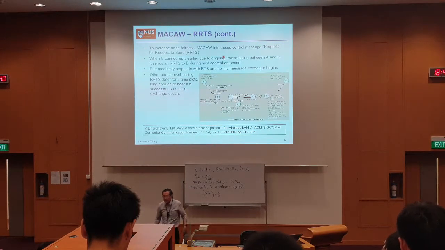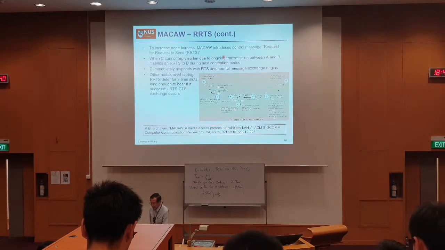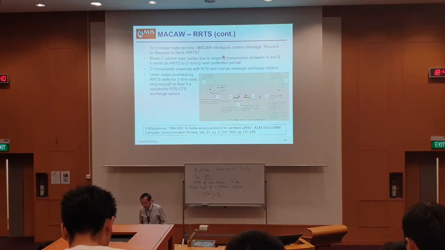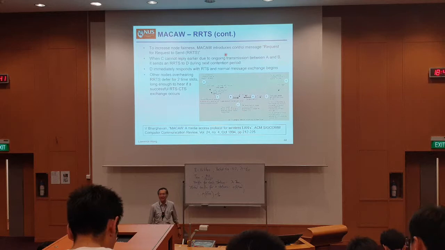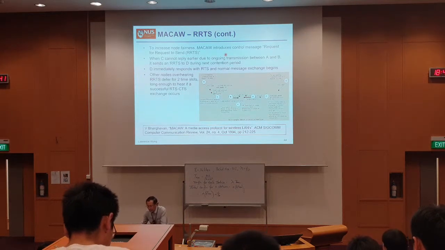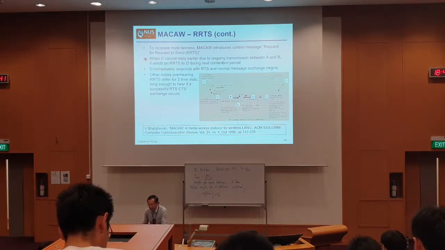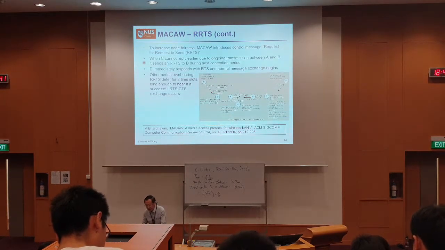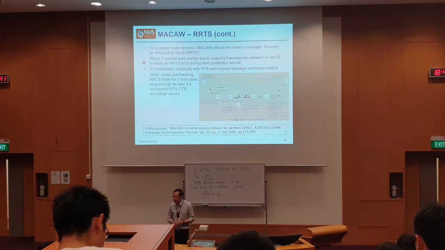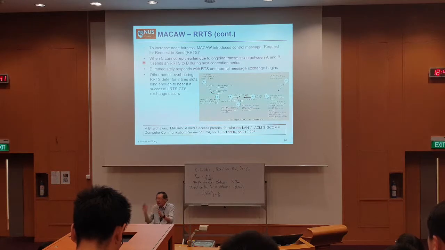So, to increase node fairness, MACA, which is the name of this protocol, introduces request for RTS, RRTS. When C cannot reply earlier, due to the ongoing transmissions between A and D, it sends an RRTS to D during the next contention period, somewhere in between these messages.